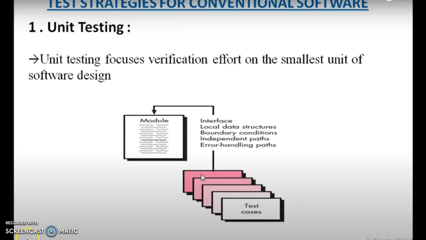Conventional method of software development is one of the most popular and widely used approaches. In this method, the common functionalities are grouped together into separate modules which are further divided into several procedures.